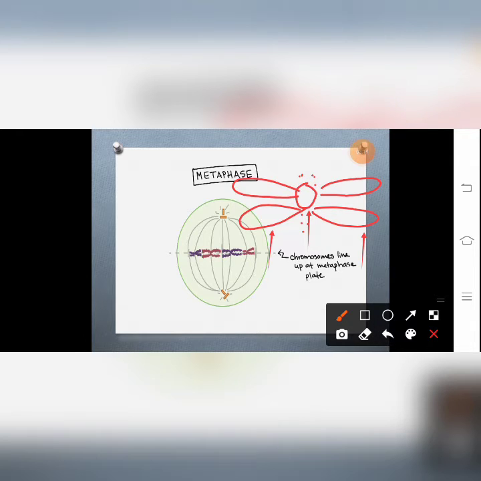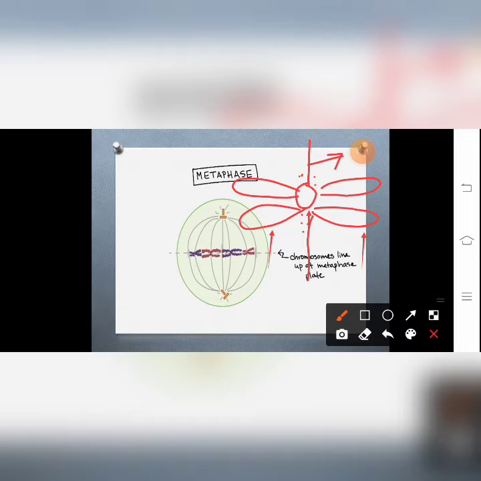Here what happens is the spindle fibers are attached to the kinetochore like this, and there are two types of spindle fibers. The fibers which are attached to the chromosomes are called chromosomal spindle fibers, or they are also called discontinuous spindle fibers.